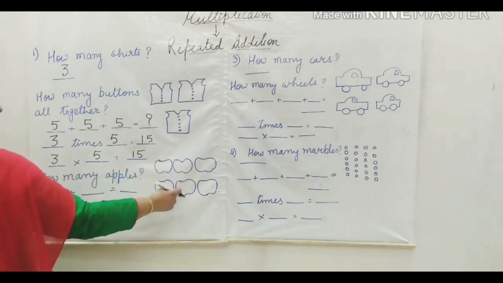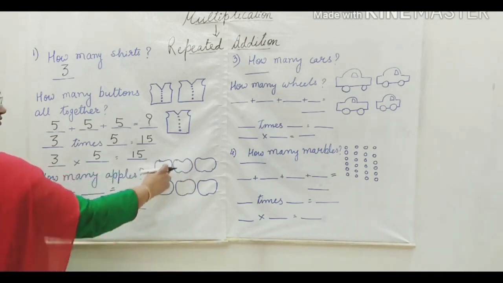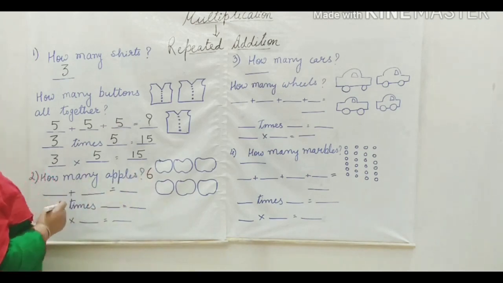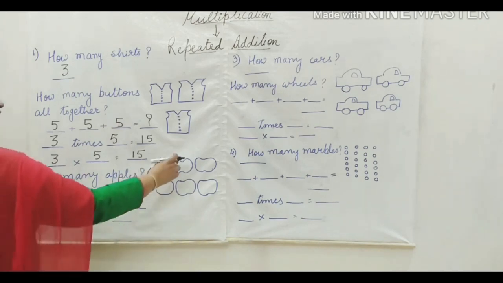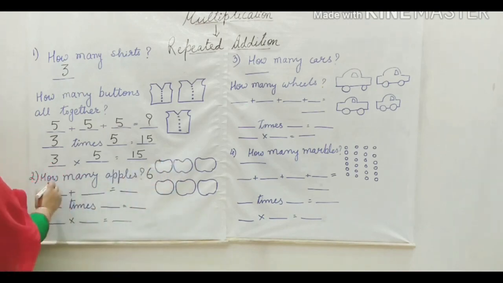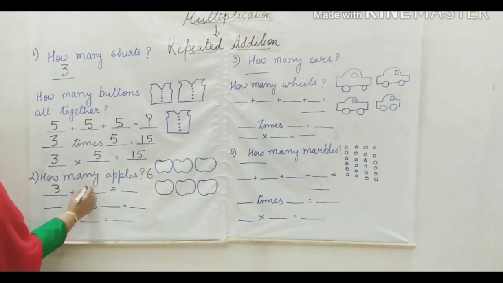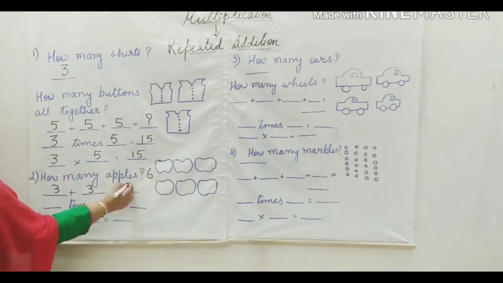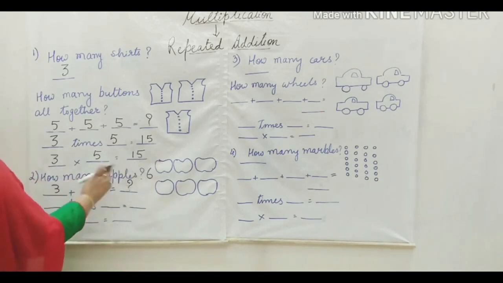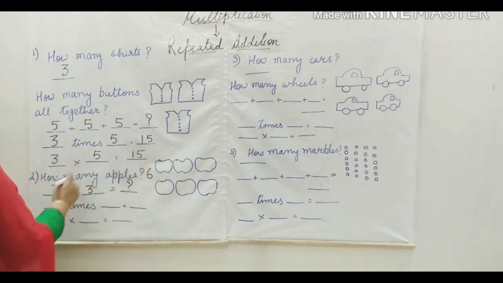Now, see the apples. How many apples are there? There are 6 apples. Now, see how many times apples are there. See, 2 rows are here. So, let us write 3 plus 3. Now, again I have to find out what it is. 3 plus 3 is, now, how many times 3 are there?